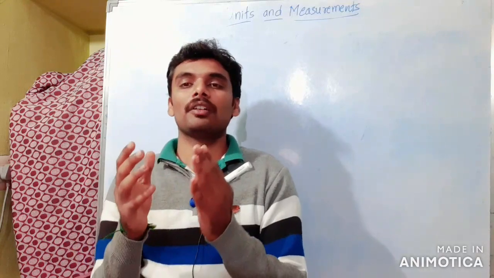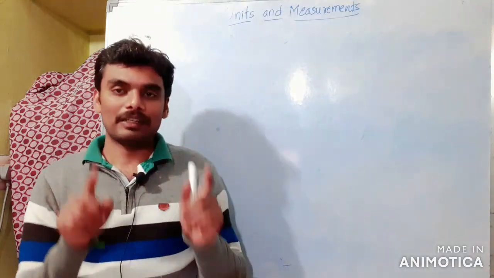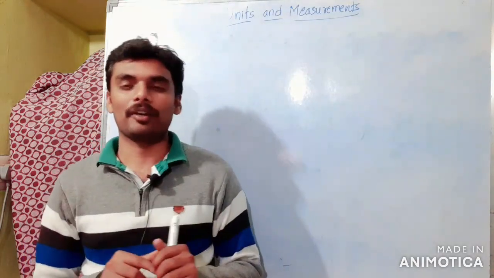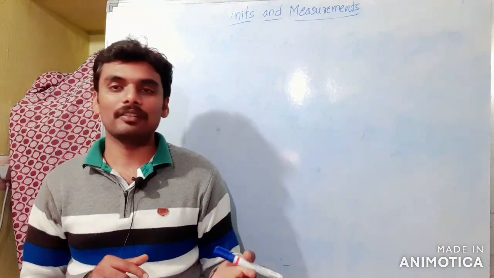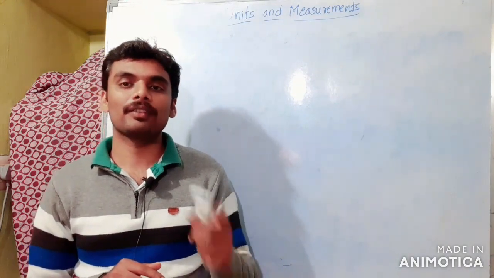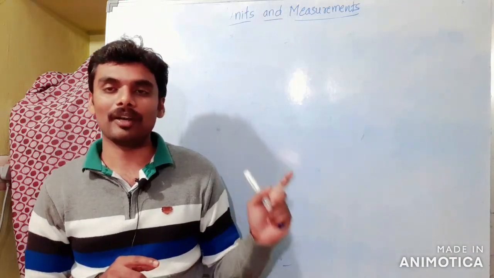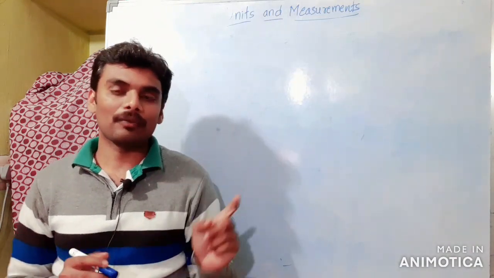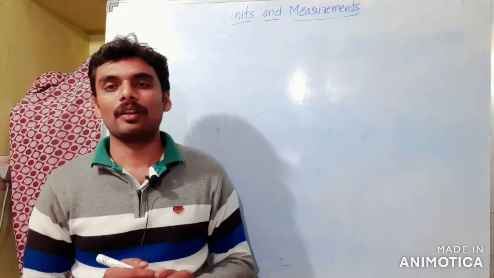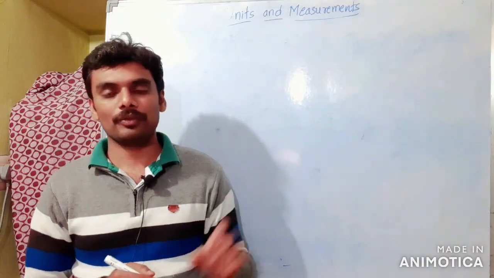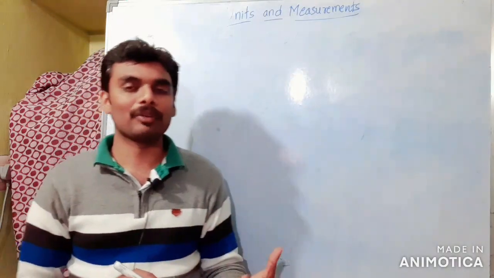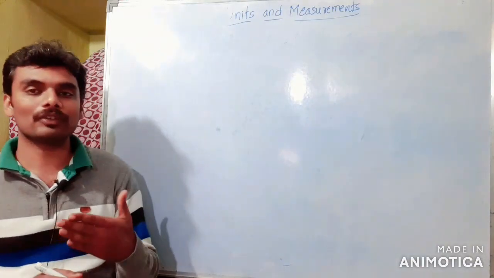For example, the dimension of length is capital L raised to 1. And similarly, the dimension of force is M1 L1 T minus 2. We use the LMT form in some references, and in some references we make use of MLT.